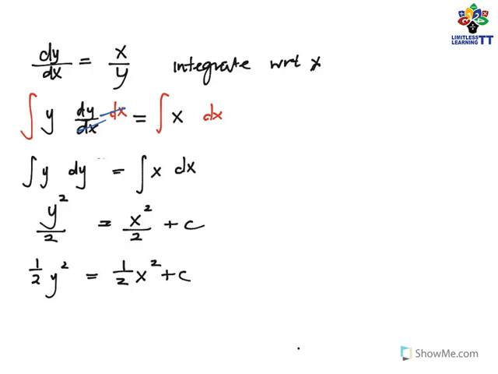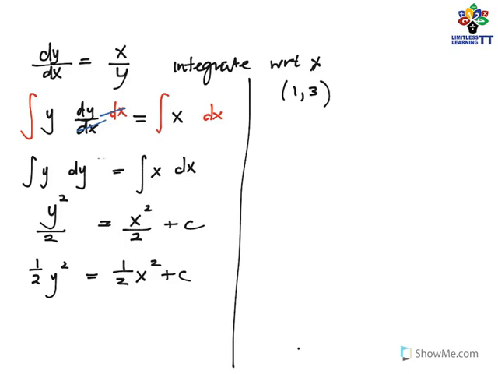And so the next part says, hence or otherwise determine the equation of the curve given that it passes through the point 1, 3. So my point is 1, 3, and again, you're trying to determine what c is going to be equal to.